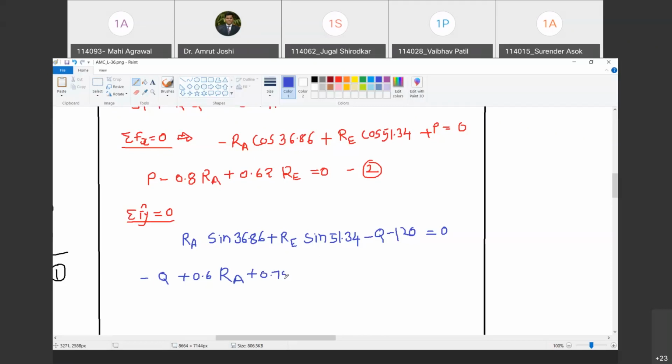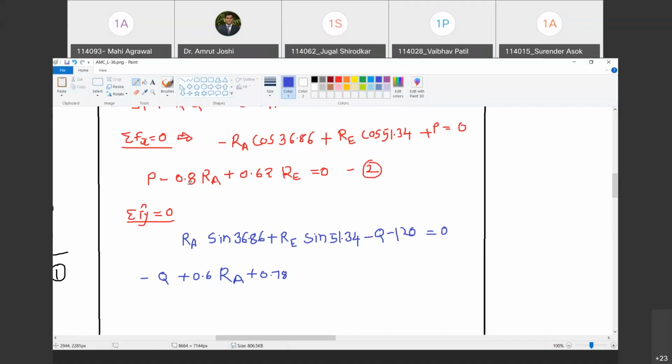Something is wrong. Do one thing, tell me how much is 0.78 squared plus 0.62 squared. Sir, how much? 0.78 squared plus 0.62 squared. So 0.9928. Yes, okay, then it's correct. So 0.6 RA plus, and also do one thing.